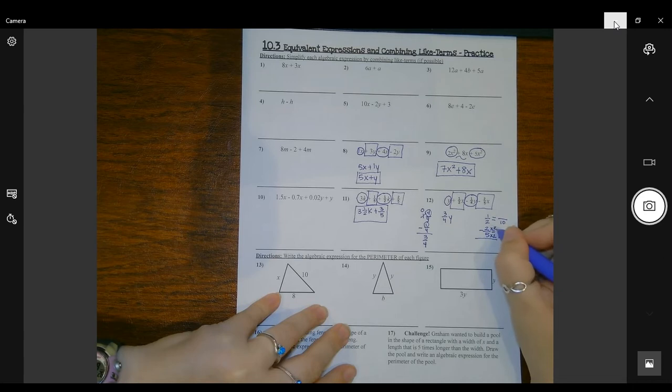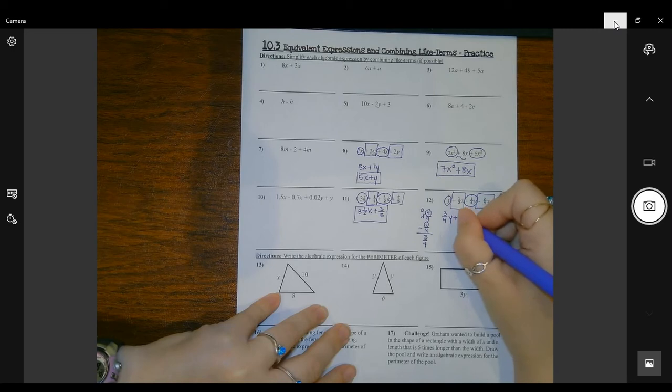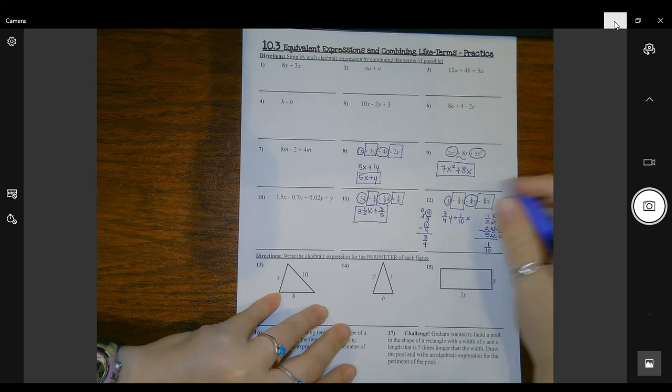So do this times 2, and 2 times 2 is 4. Now 2 times what is 10? 5. So 1 times 5 is 5. Now you have the same denominator, and you can just subtract the numerators. What's 5 minus 4? It's 1. So you have plus 1/10 x.